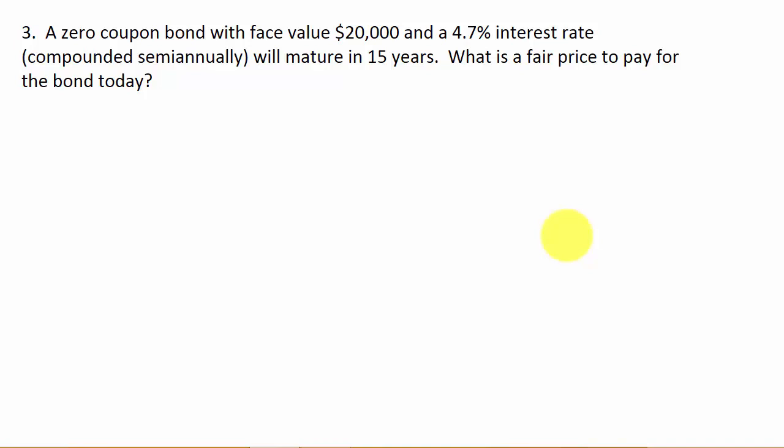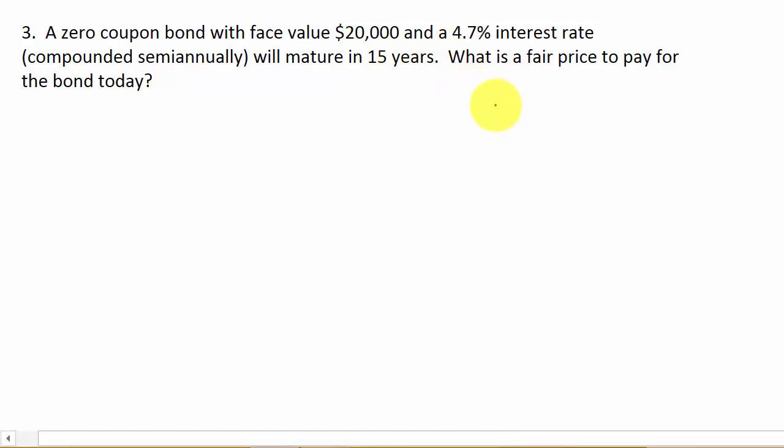Think of the bond as a 15-year investment paying 4.7% compounded semi-annually, and its future value is the $20,000. So we're going to find the present value: how much do we have to put in today at 4.7% interest for 15 years to have that $20,000 in 15 years?